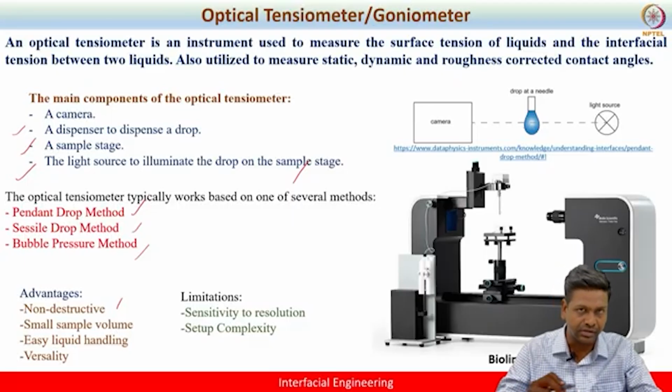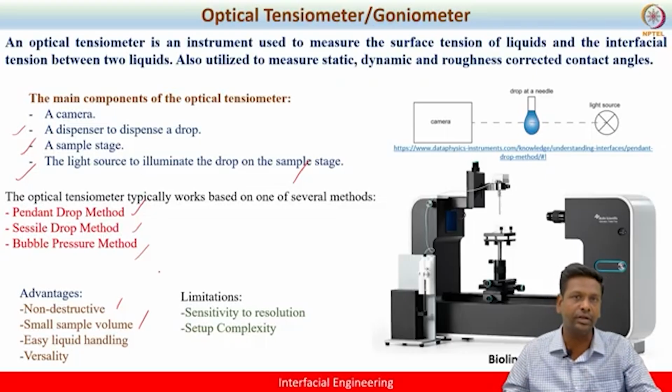It is also a non-destructive method, and unlike the force tensiometer, it doesn't require a huge sample volume. All you need is just a few microliters of sample, and it is easy to handle.